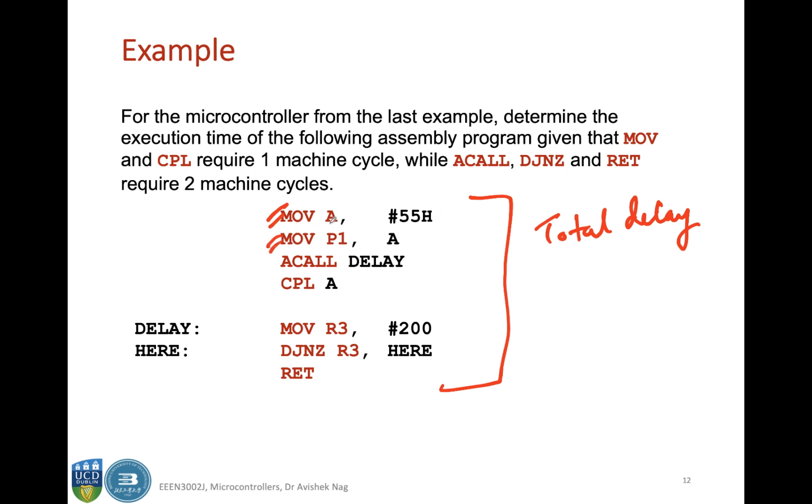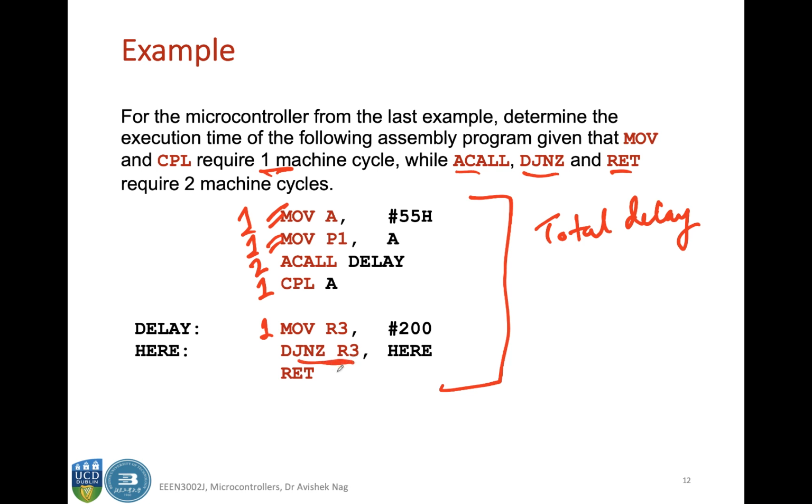For example, your move instruction and your CPL complement require one machine cycle. So this is one machine cycle, this is one machine cycle. Then a call, DJNZ and return require 2 machine cycles. So this is 2 machine cycles. CPL is 1 machine cycle, and then here you have again this line, 1 machine cycle.